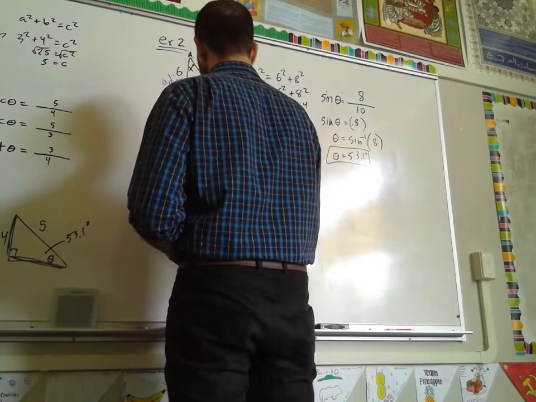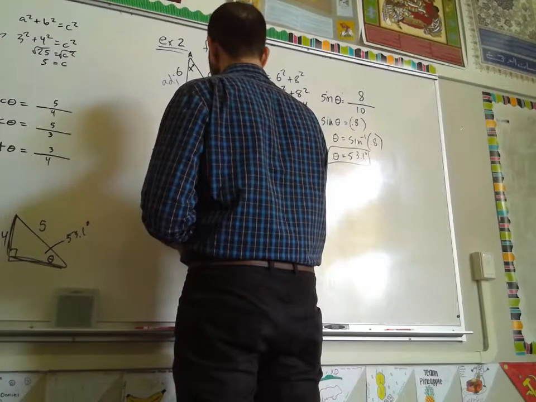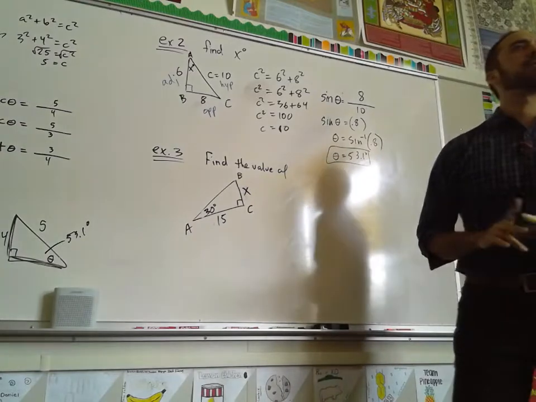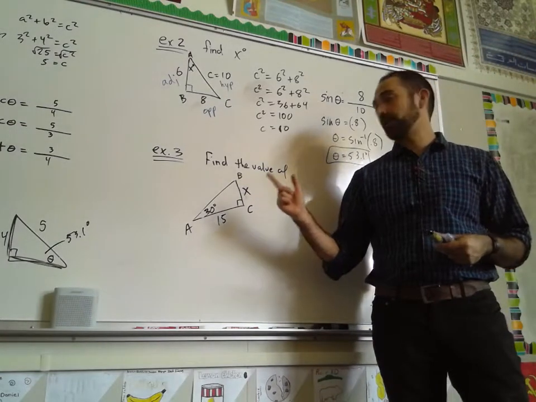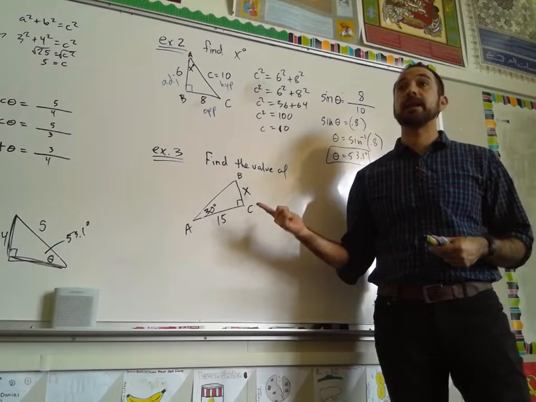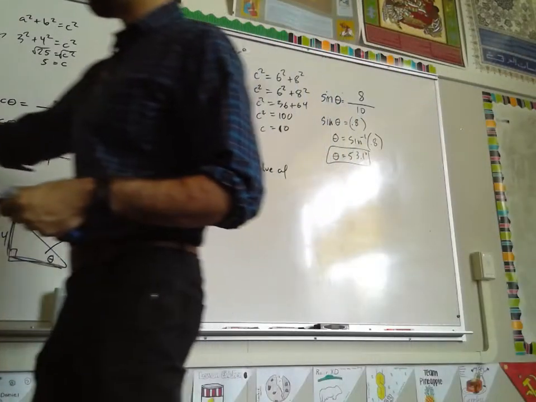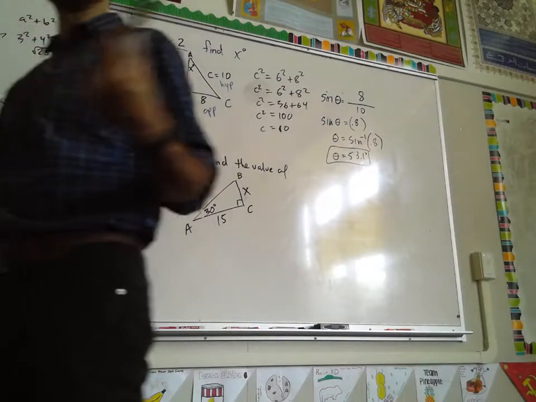Just kidding. Let's make this 30 degrees and we'll make that side x. So right off the bat, am I looking for the angle or am I looking for a side? Side. Because I'm looking for the side and I'm given the angle, I know I'm going to be using just the regular function, not the inverse.